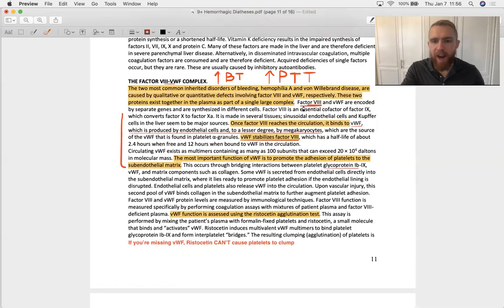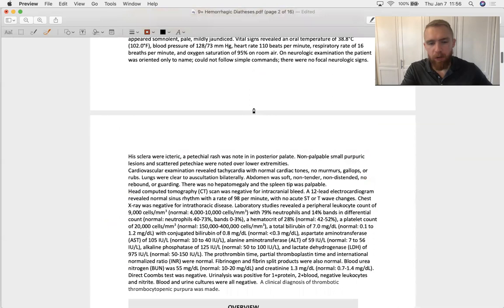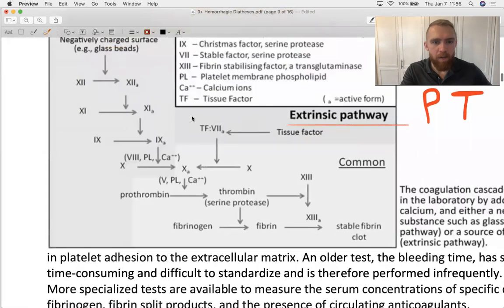Because again, factor VIII there, where does factor VIII come into play? So we scroll back up and we look at our clotting cascade and we see, oh, look at that.